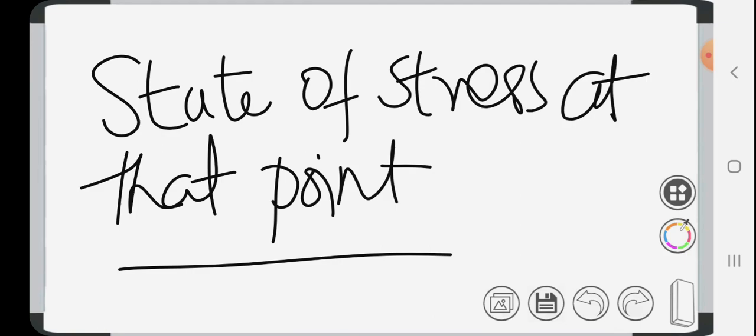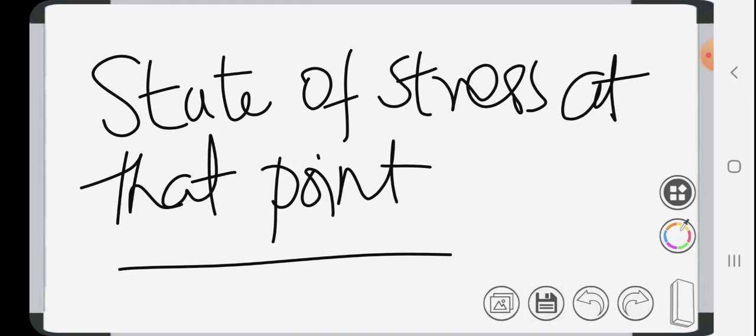Stress acting on a plane is the integrated version of all the stresses acting on the points that are part of that plane. That plane may consist of different points, and the stresses acting on each point culminate together to give the total stress acting on that plane. So that's the idea.